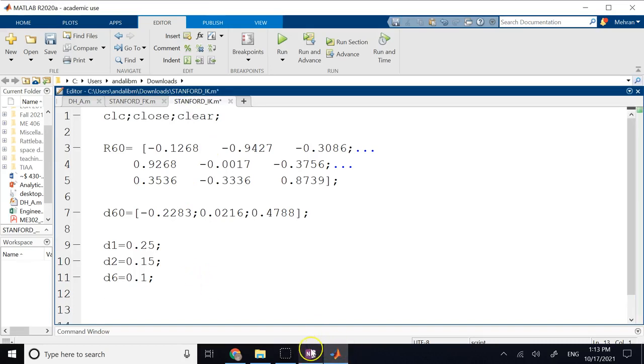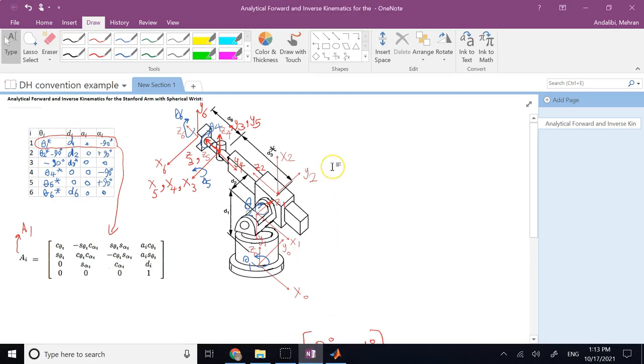And so if you remember the method for the inverse kinematics of a 6DOF robot, which has a spherical wrist and can always have an analytic solution, you first try to find the location of the wrist, which is here.